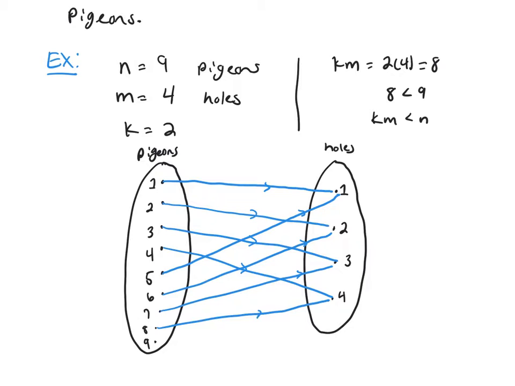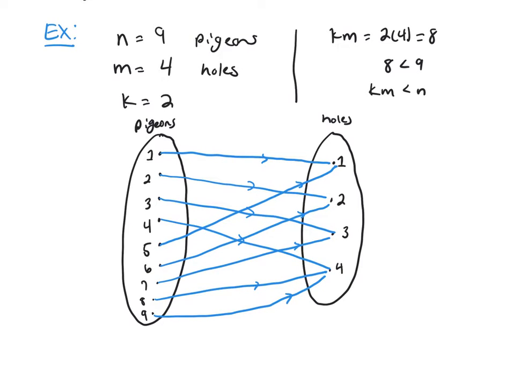And so this last pigeon, pigeon number 9, has to go into a hole that already has 2 pigeons in it. So let's say it goes into this last one, right? And here is a hole that has K plus 1, which in our case, K is 2, so 3.